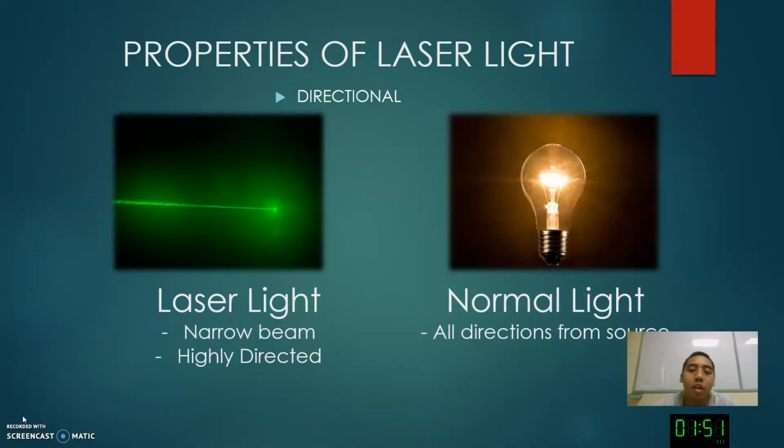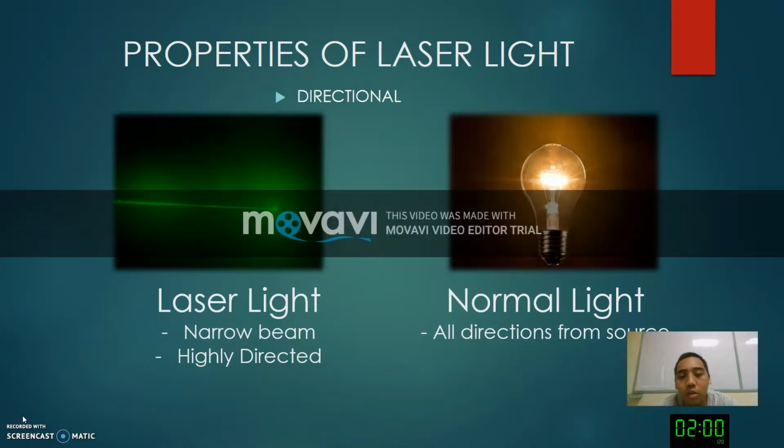On your right is a light bulb. Compared to a laser, a normal light goes in a wide range of directions depending on its source and its casing or surrounding area.